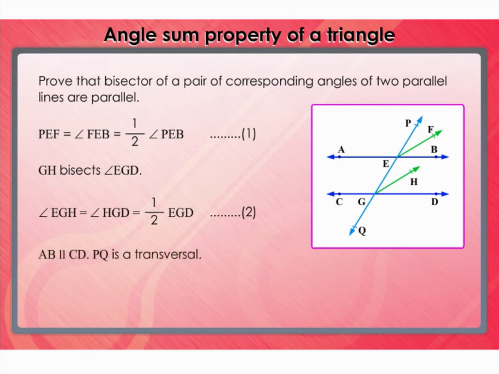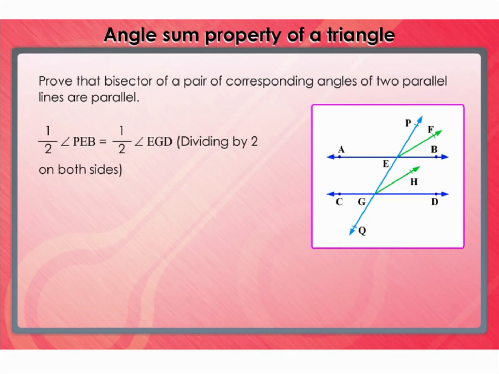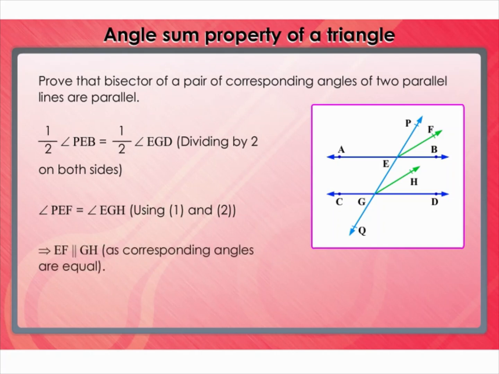AB parallel to CD, PQ is a transversal. Angle PEB is equal to angle EGD, alternate angles are equal. 1 by 2 angle PEB is equal to 1 by 2 angle EGD, dividing by 2 on both sides. Angle PEF is equal to angle EGH, using 1 and 2. This implies EF parallel to GH, as corresponding angles are equal.